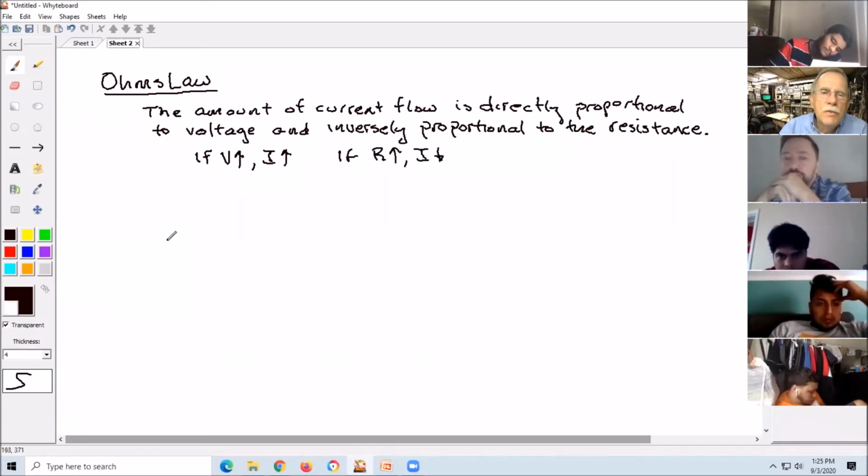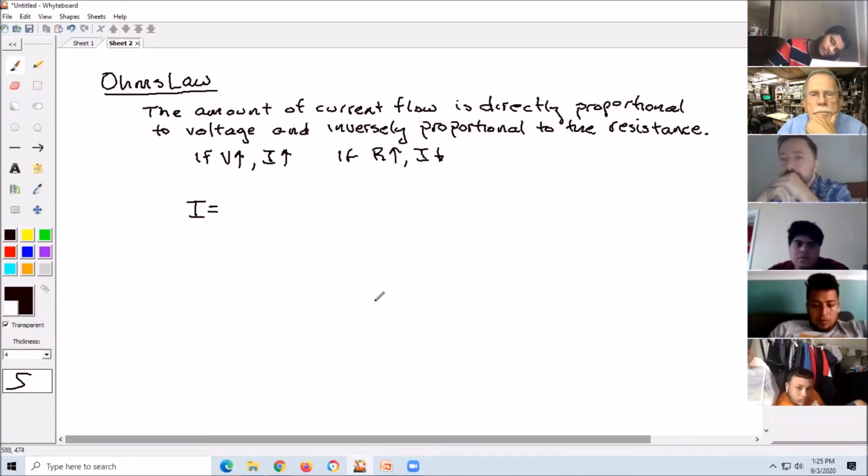So that means that if I wanted to set this up as an equation, we know that the current is going to be somehow related to the voltage and the resistance. So the voltage and the resistance are going to end up on this side. So what does that mean?